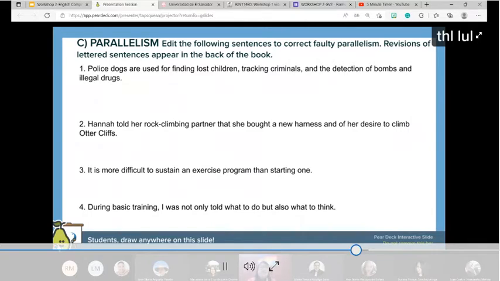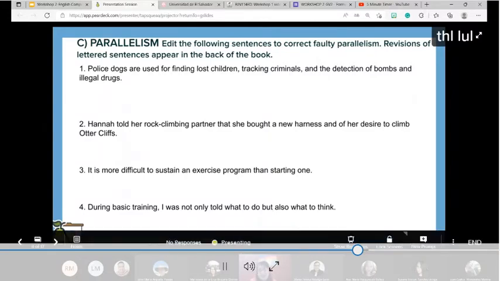So here, let's do this one together. Police dogs are used for finding lost children, tracking animals, and the detection of bombs and illegal drugs. What do you think is the faulty parallelism here?